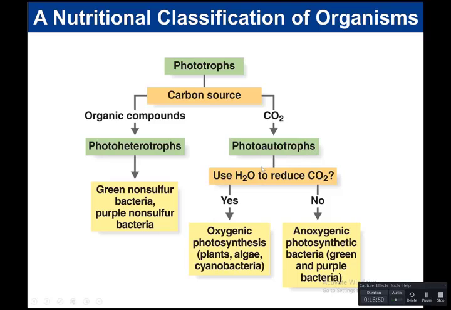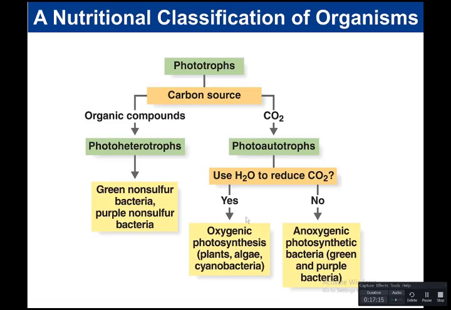We can then break those down further by, do they use water to reduce carbon dioxide? Meaning, is this photosynthesis going to use water? So if the answer is yes, that is an organism that would do what's called oxygenic photosynthesis, meaning that they will produce oxygen as a product.